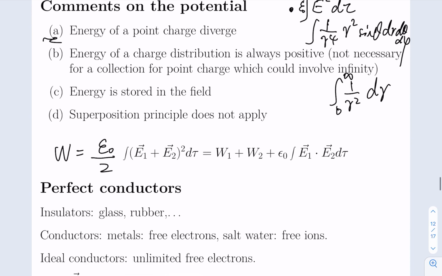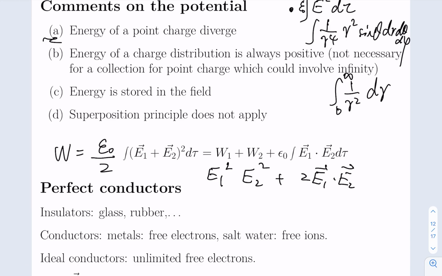And now, if we look at this E squared expression and check the superposition principle, and we add two E fields together, that immediately gives (E1 plus E2) squared, which is not E1 squared plus E2 squared. Really, there is an additional term that is a cross term, which is E1 vector dot E2 vector.